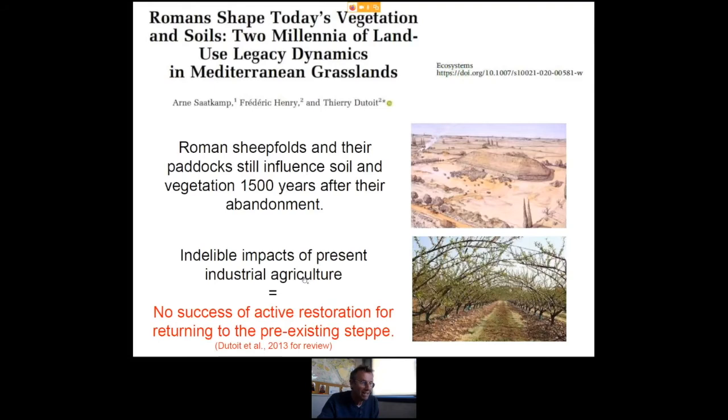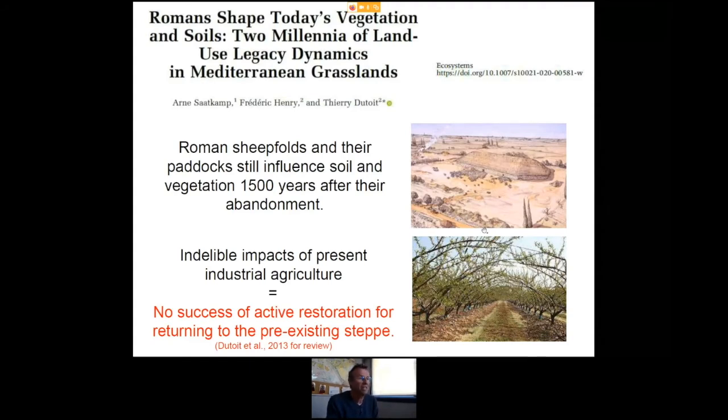And it can explain at the end that when we try to restore this type of area, when we try to restore the integrality of the pre-existing historical ecosystem, such as here the pre-existing steppe, we cannot have success, even in the short or middle term, because the ecosystem will be so strongly degraded or changed that it will be impossible to reconstruct.